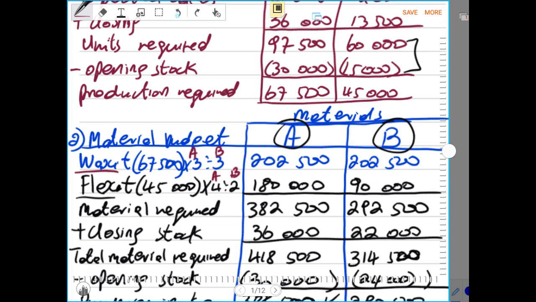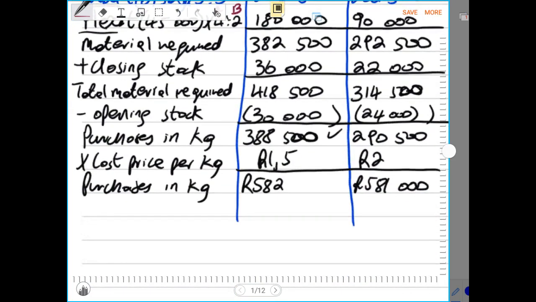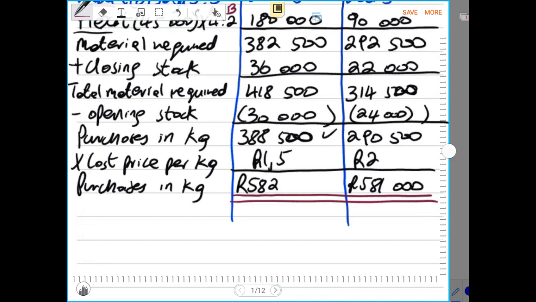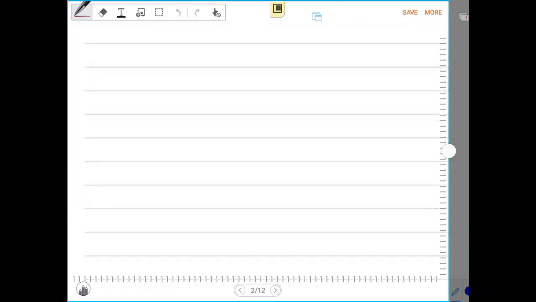So with that, I think I have clarified this part for you, because this part is very crucial to this exercise. Now we have done this budget, and up to this stage we can continue to the third budget, which is the direct labor budget.